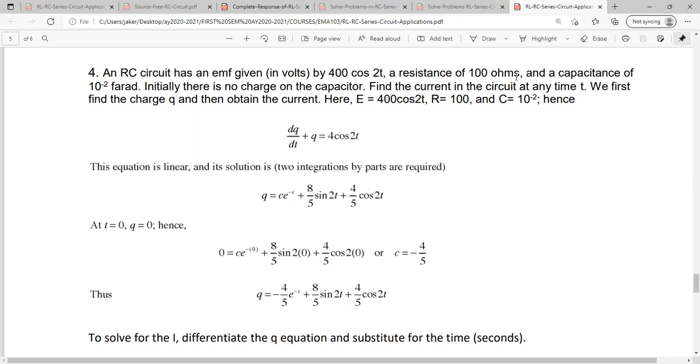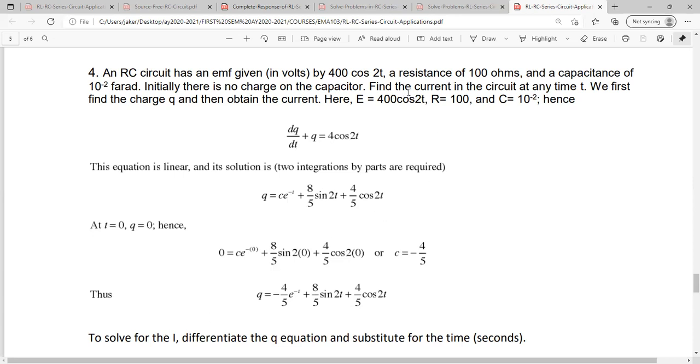Now, the resistance is 100 ohms, and the capacitance is 0.01 farad. Initially, we don't have any charge on the capacitor. The charge on the capacitor is represented as Q. So at time 0, that is, initial time, we don't have Q, so no charge, which would also be 0 for Q.